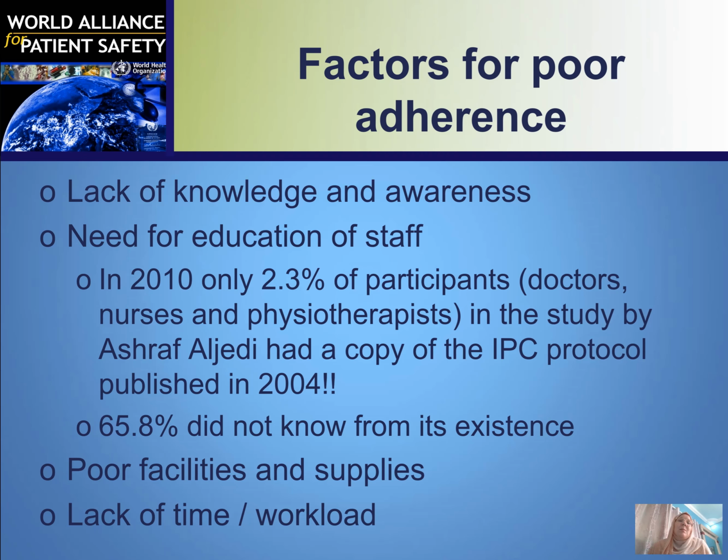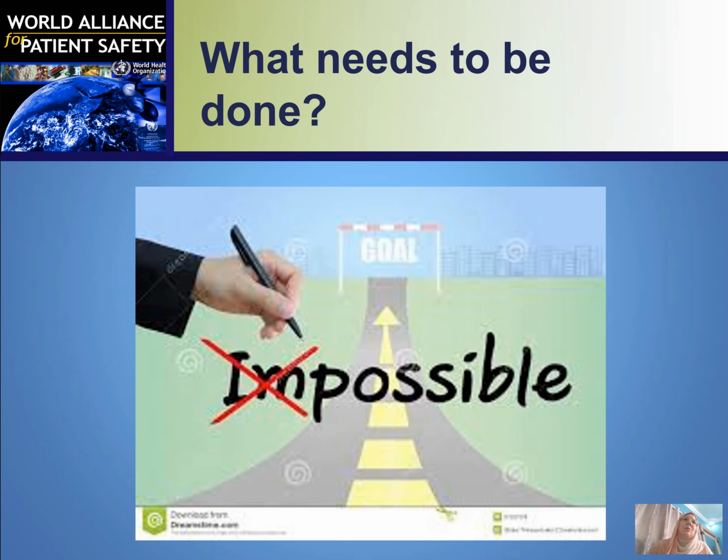So there's a big gap here, even among staff knowing about the protocol. Furthermore, you have poor facilities and supplies, and sometimes a lack of time, and workload is viewed as an obstacle to following proper procedures in infection control.